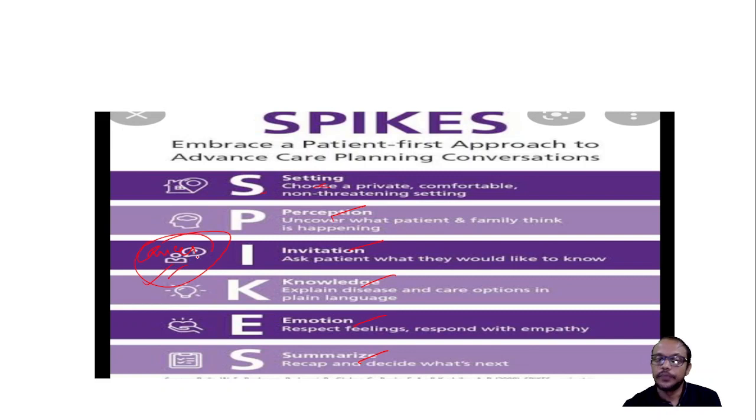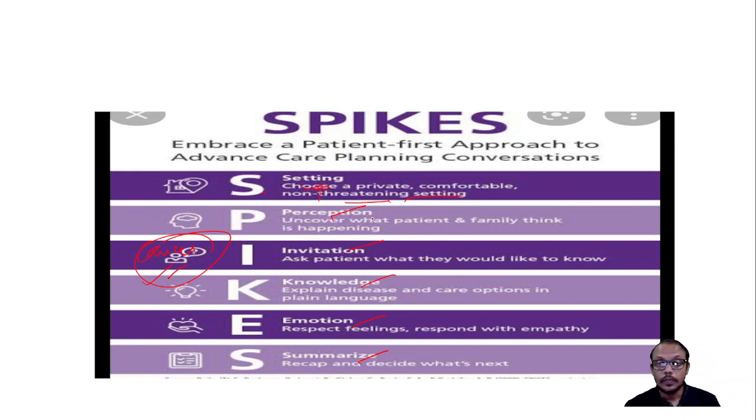When we disclose that your family member has cancer or you have cancer, we have to be very empathetic. We have to respect the feelings of the patient. So we have to choose a private place, that is setting. The patient or his attendant should be comfortable. It should be non-threatening. He should not feel threatened by being in a very closed space.